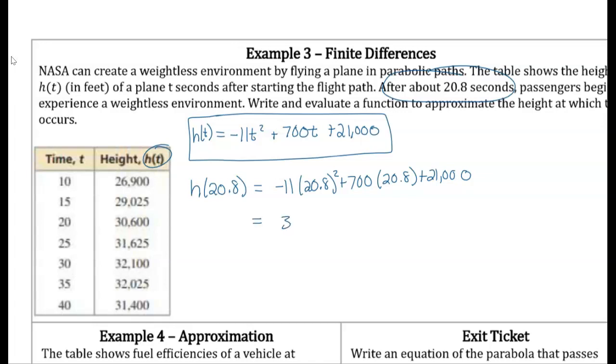Up with roughly 30,800.96, but since they are approximating the height, it would be okay to say at 30,800 feet. This would be above the ground, when the passengers started to experience weightlessness, a weightless environment.